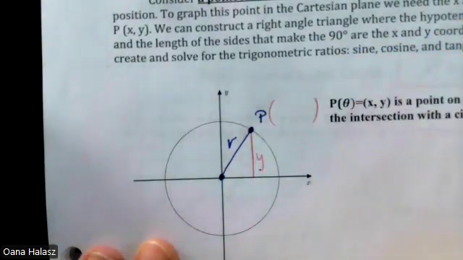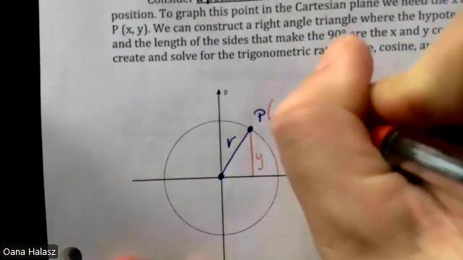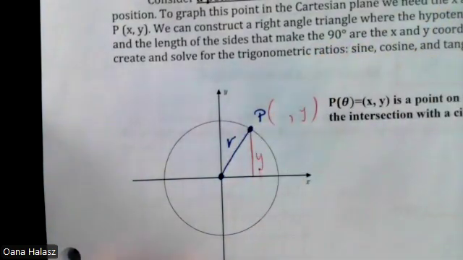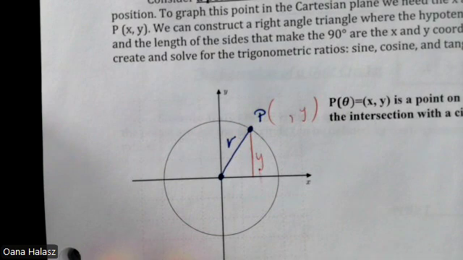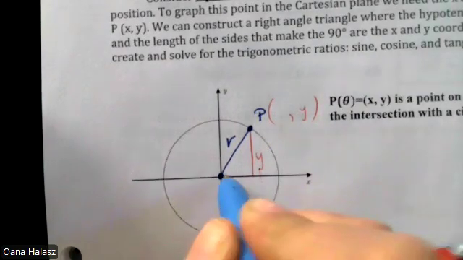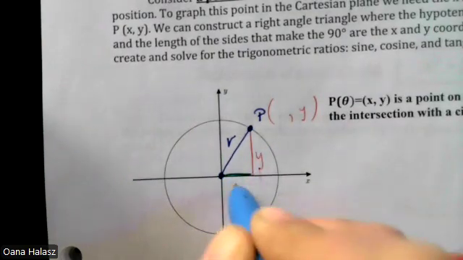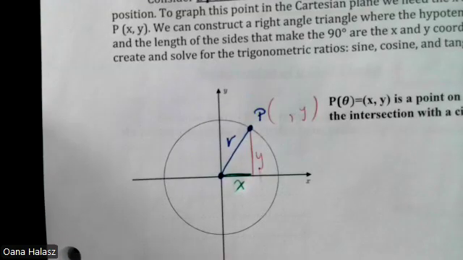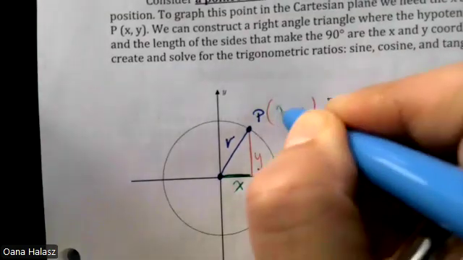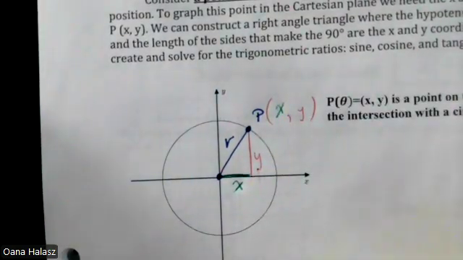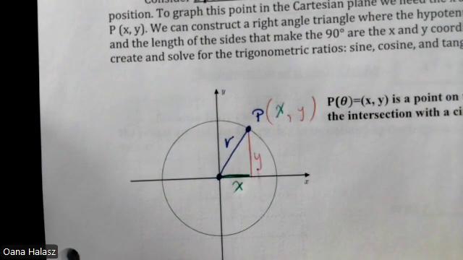Because P has some xy coordinates, right? So that's y. And then here on the x-axis, where those two lines meet, I am showing really, or we're seeing how big the x is for this point P. So the point has a location in the Cartesian plane, xy location.